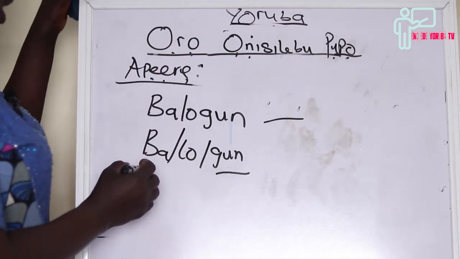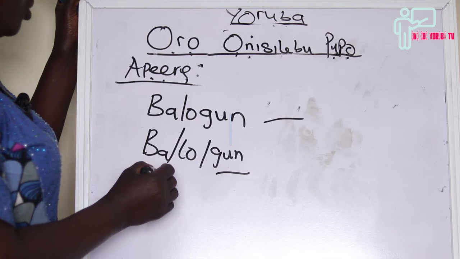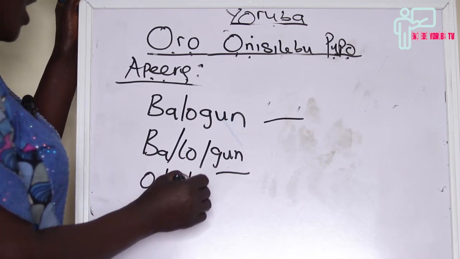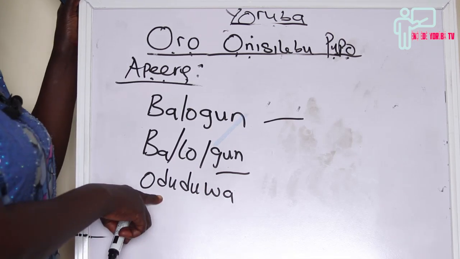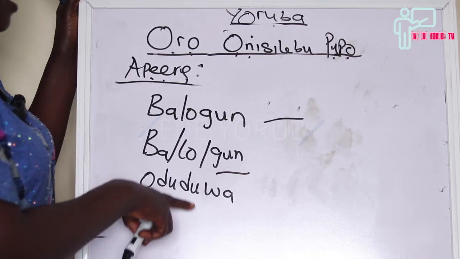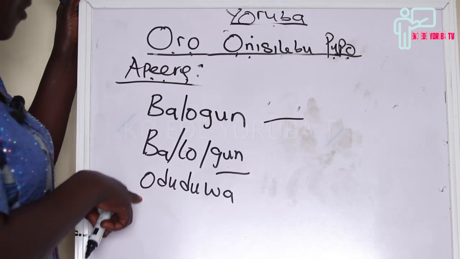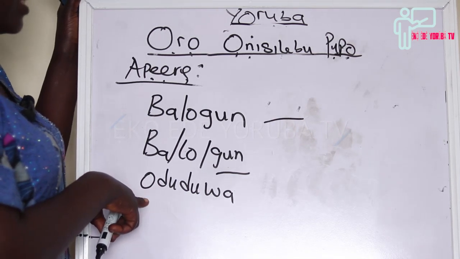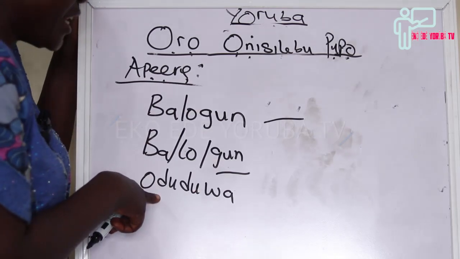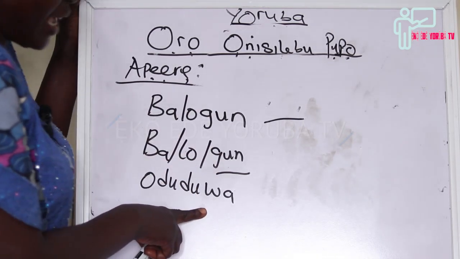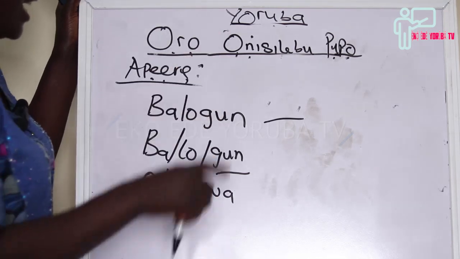Oduduwa. Oduduwa. How many vowels? Syllable mélòó ni? How many consonants? How many vowels? We have vowels here. Then later we can see how many vowels are here, how many consonants are here. Oduduwa. Let's divide it.